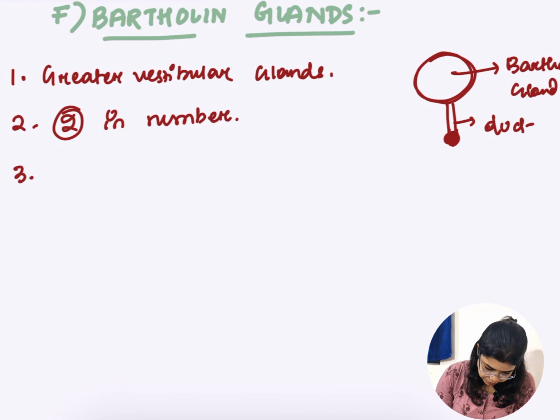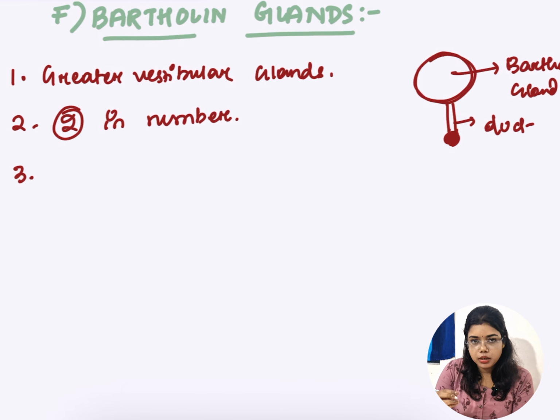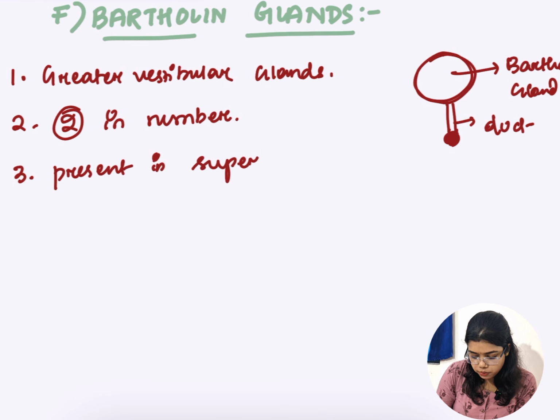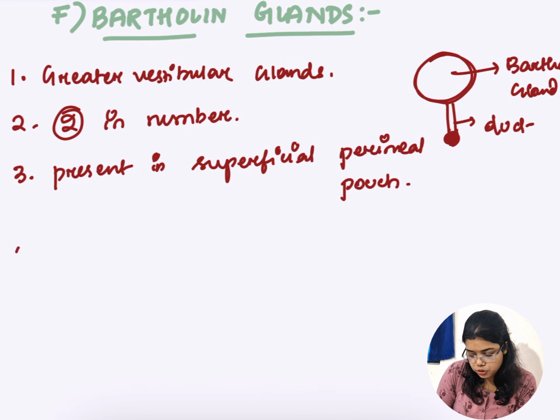And where is the Bartholin gland present? It is present just inner to the superficial fascia, in the superficial perineal pouch.